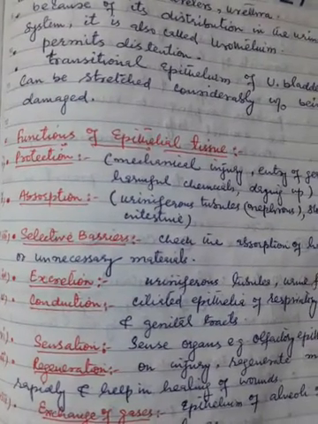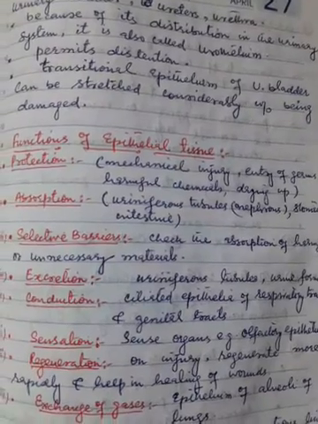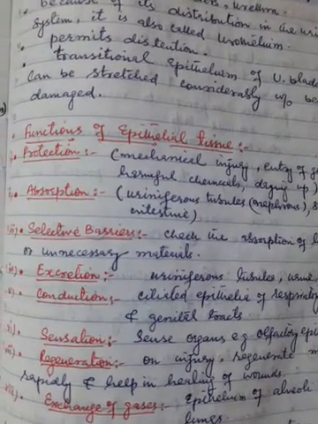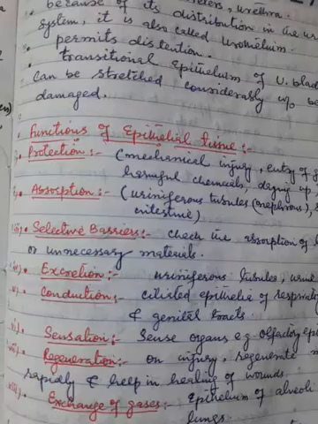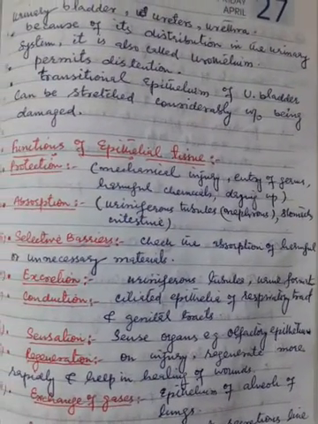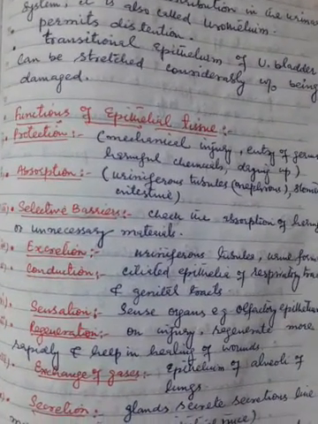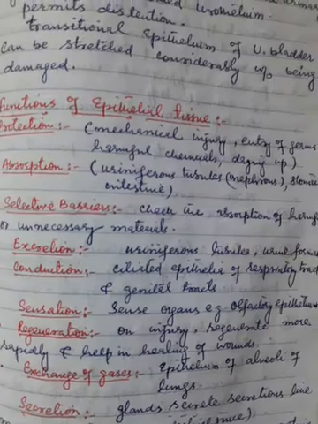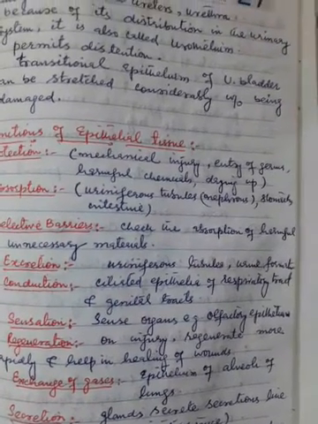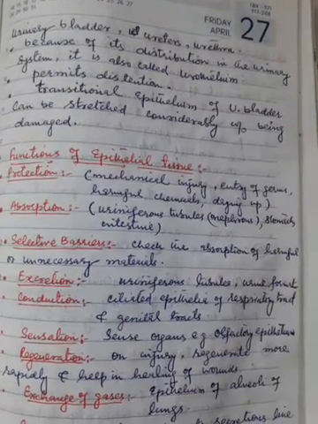Absorption, in renal tubules, that is nephrons, stomach, intestine, there it is involved in the absorption. Selective barriers check the absorption of harmful or unnecessary materials. Excretion, in renal tubules, urine formation.